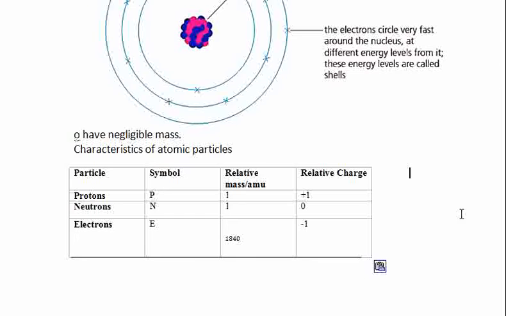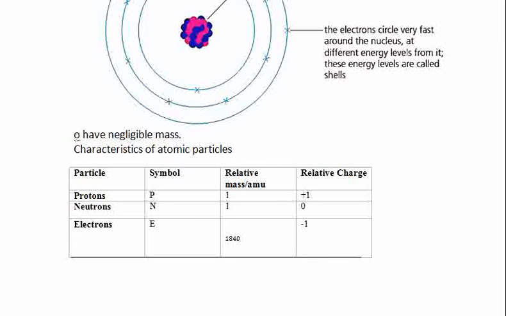Neutrons, its symbol is N. Its relative mass or atomic mass unit is 1, and its relative charge is 0. In short, it has no charge. And then we go to electrons. Electrons, its relative mass is approximately 1840, and it has a charge of negative 1.